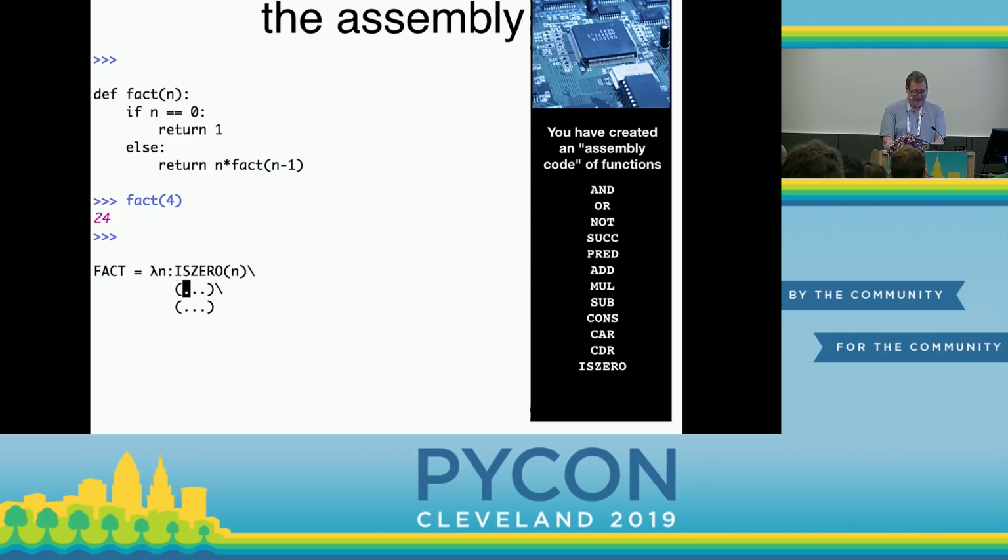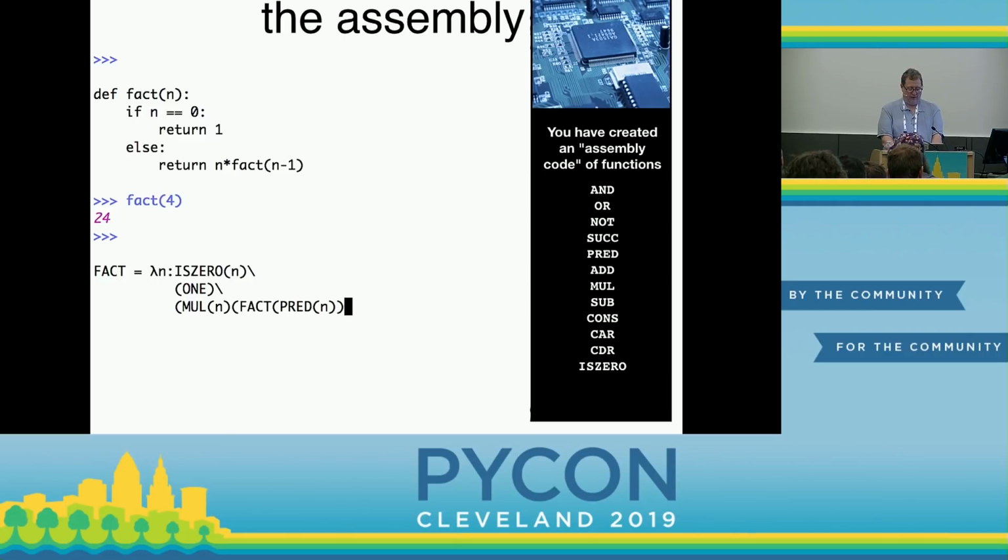What is the true part of this? 1, right? What is the false part of it? If it's not 0, then we're doing a multiply, right? We have a multiply operator where we're going to multiply n by fac of the predecessor of n.